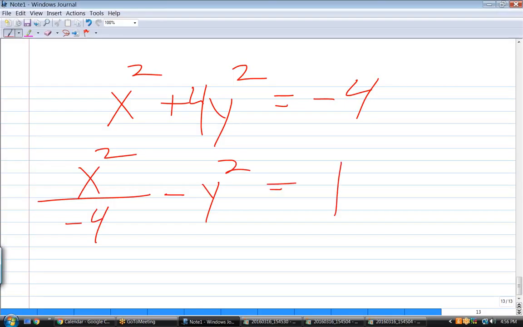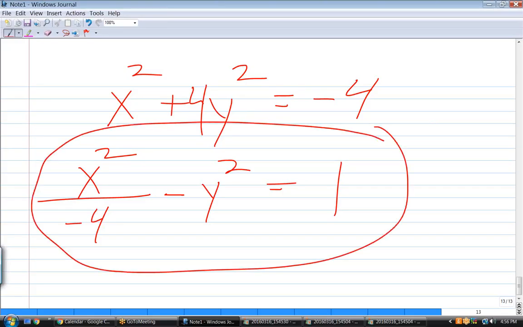That's a degenerative ellipse. Actually, it looks more like a hyperbola now, right? But you can never have negative denominators, because remember, the denominators are always either a squared or b squared. So this is nothing. That is a degenerative either hyperbola or ellipse. I'm not sure which, but I can't draw it. And you're not going to see stuff like this probably.